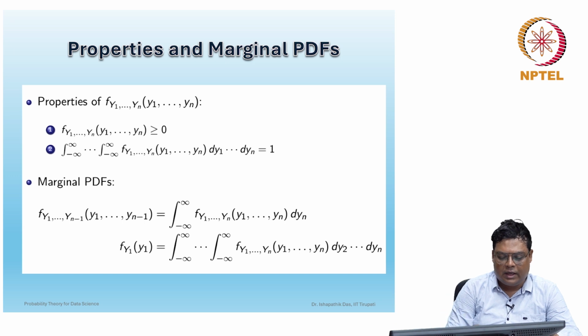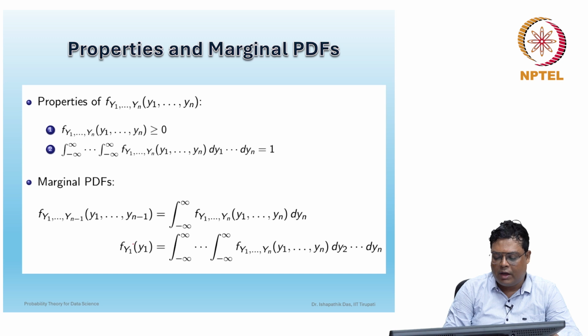Here you can see in this slide that it is given as y1, y2, ..., yn minus 1. This is just a variable name. Because we want to keep those variables and we don't want yn, we integrate with respect to dyn.